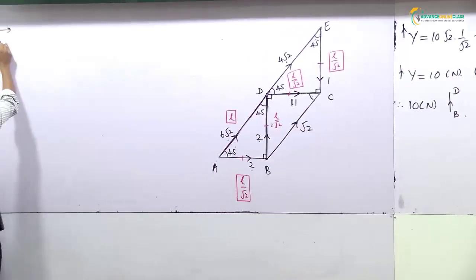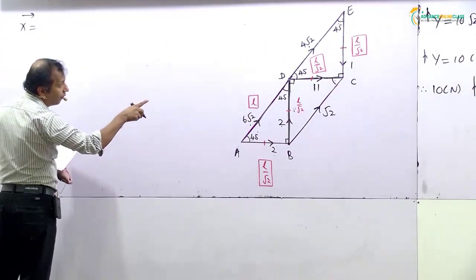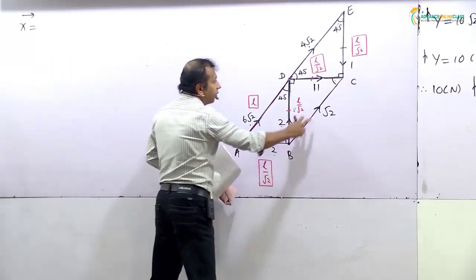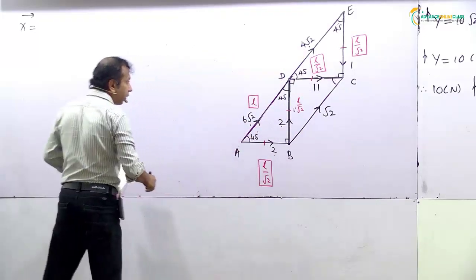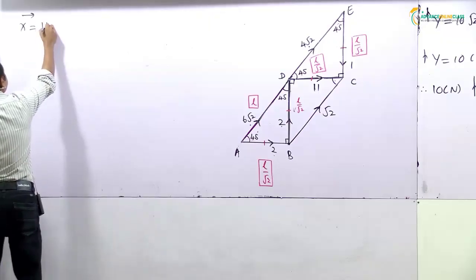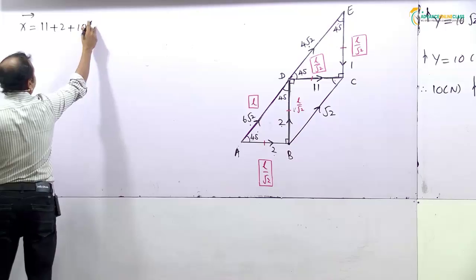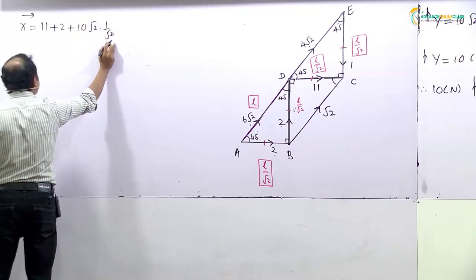Resolving horizontally, take X. What do you get there? 2 plus 11 plus 4 root 2, 6 root 2, 10 root 2 cos 45. 11 plus 2, 10 root 2 cos 45. 1 over root 2, here.